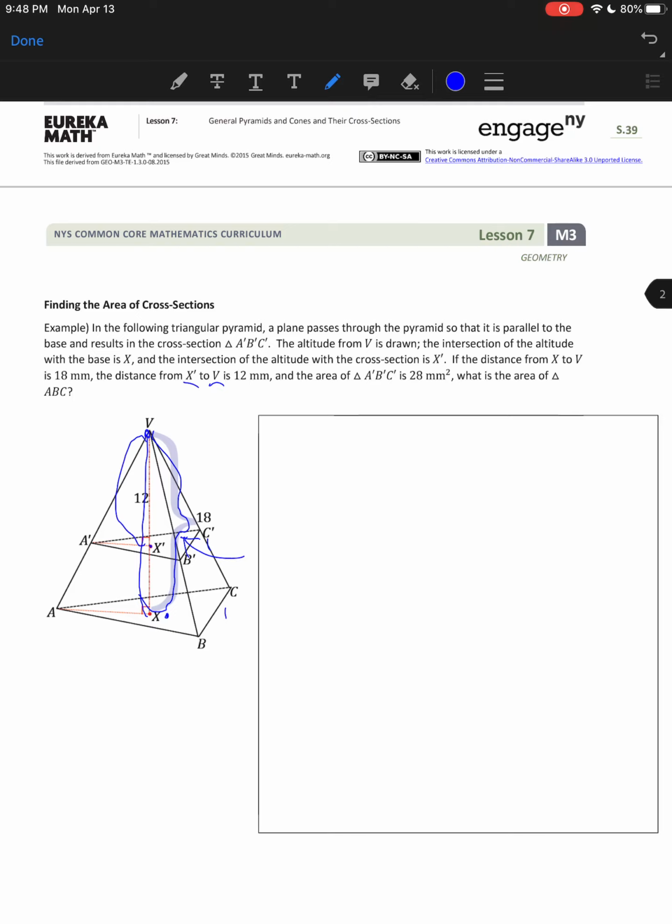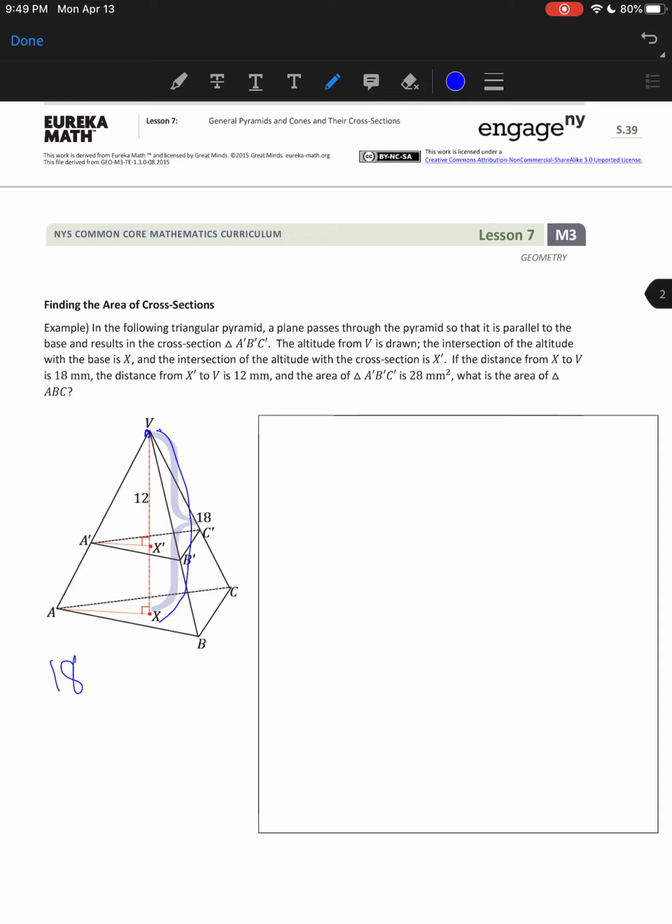And we can use the distances, the heights that they gave us, to help us here. Let me just delete these things here to make it a little clearer. So we said the distance from this top one all the way to the bottom is 18, right?